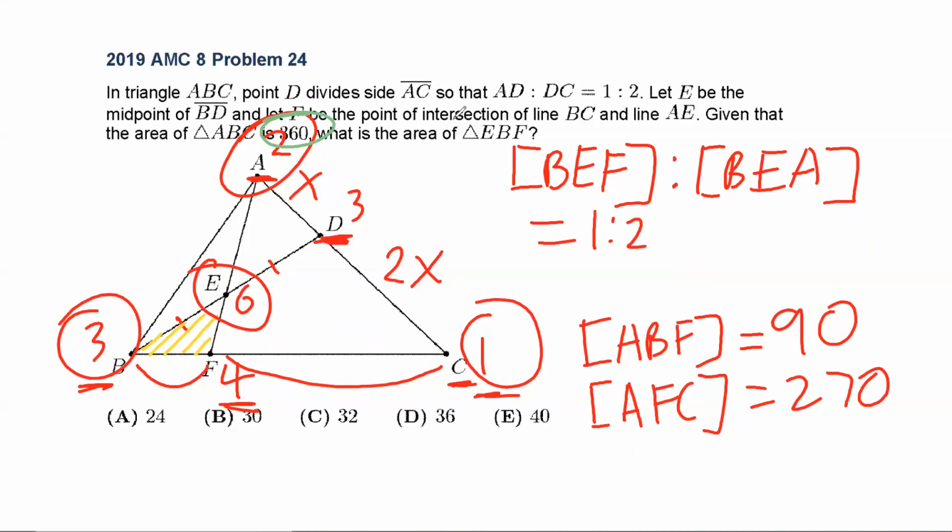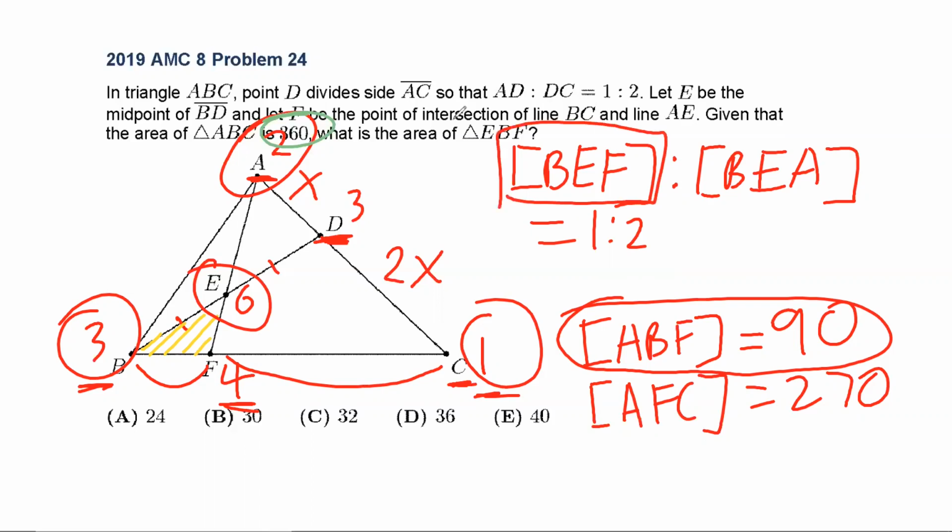And we know that the area of both of them added together is 90. So if we split 90 into 3 equal parts, we get 30. Which means that the area of triangle BEF would be 30, since it's 1/3 of that 90. So hence our answer is B.